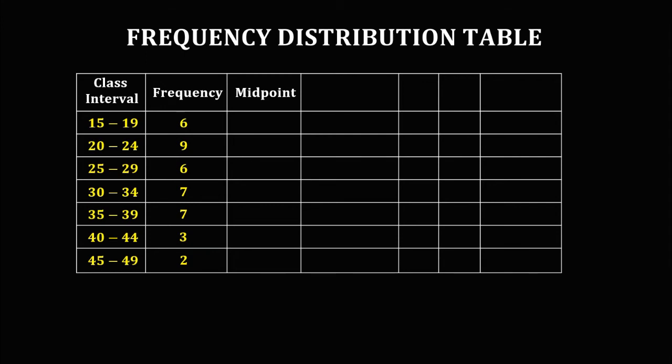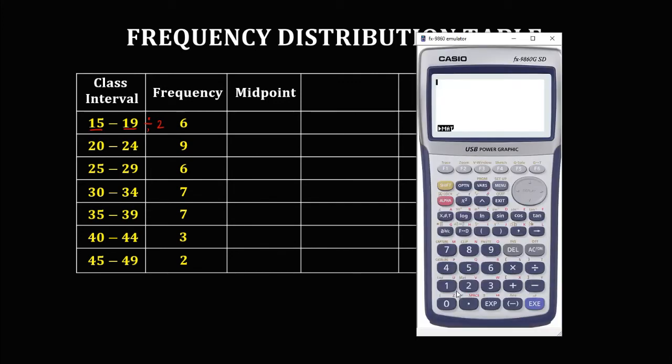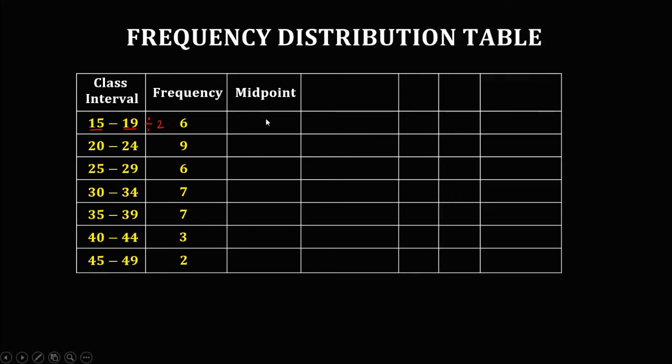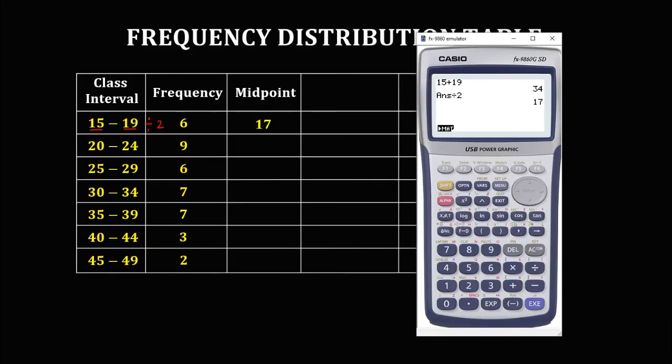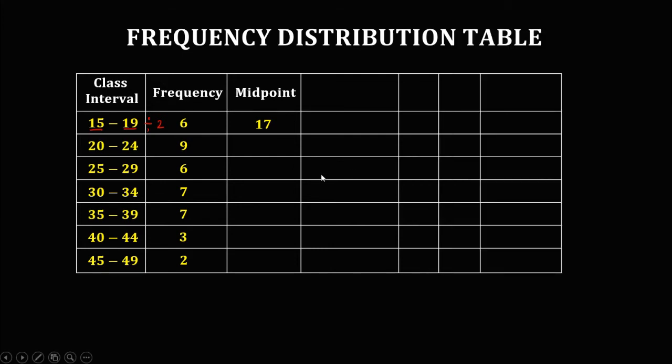To get the midpoint, just add these two numbers, 15 plus 19, then divide by 2. So for the first class, 15 plus 19 equals 34, divide by 2, that's 17. For the second class, 20 plus 24, divide by 2, that's 22.